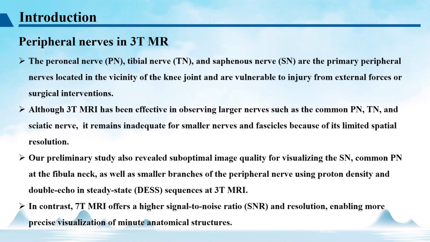Our preliminary study also revealed suboptimal image quality for visualizing the saphenous nerve, the common peroneal nerve at the fibular neck, as well as smaller branches of the peroneal nerve using PD and DESS sequences at 3T MRI. In contrast, 7T MRI offers a higher SNR and resolution, enabling more precise visualization of minute anatomic structures.